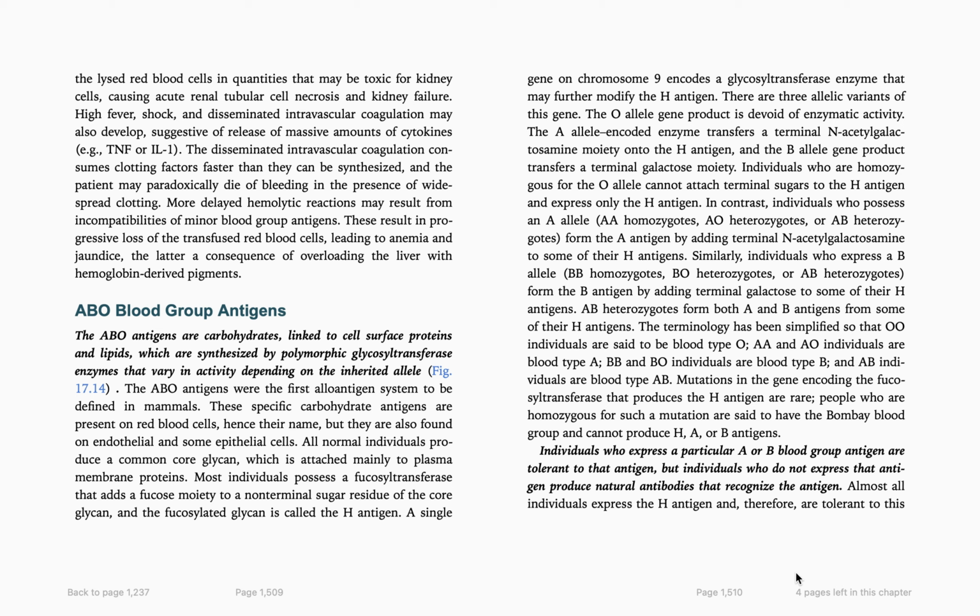Similarly, individuals who express the B allele, BB homozygous, BO heterozygous, or AB heterozygous, form a B antigen by adding a terminal galactose to some of their H antigen. AB heterozygotes form both A and B antigens from some of their H antigens. The terminology has been simplified so that OO individuals are said to be blood group O, AA and AO individuals are blood group A, BB and BO individuals are blood group B, and AB individuals are blood type AB.